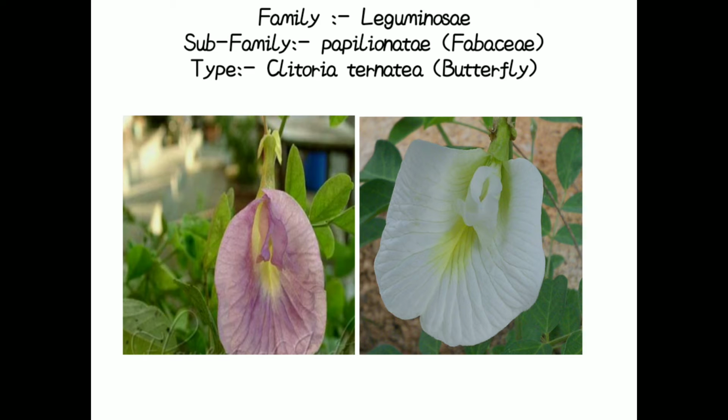Leguminosae is a large family, showing the subfamily Papilionaceae or Fabaceae. The previous name of this family was Papilionaceae. Nowadays it is well known by the name Fabaceae. This type is the Clitoria ternatea butterfly pea.